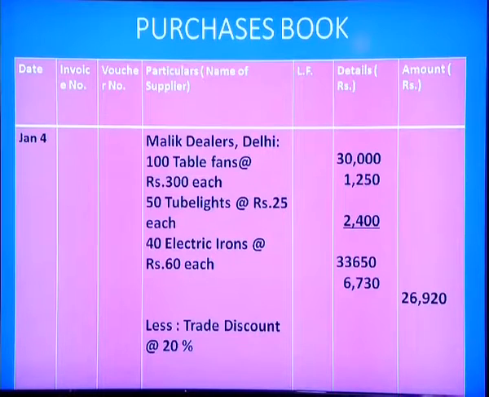Then you have to total this, and from this amount you are going to deduct the trade discount, which is 20%. That is 33,650 into 20 by 100, which will give you 6,730. And the total amount will be written in the outer column, that is the amount column.